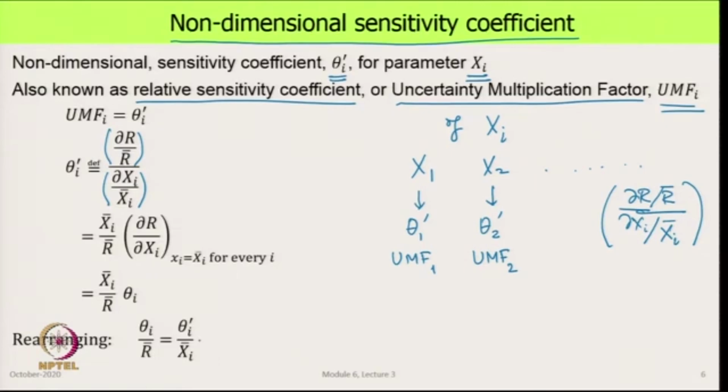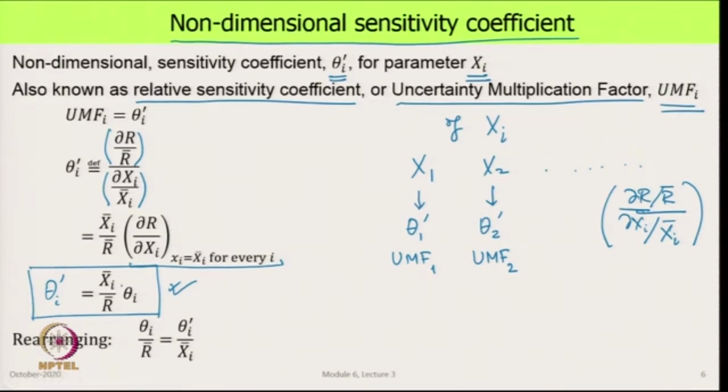And so, if we rearrange it, this becomes x I bar upon r bar, and the differential comes over there, which is like before, and we can immediately recognize that this is the way we defined theta I. So, we have the relation that theta I prime, the non-dimensional sensitivity coefficient, is x I bar upon r bar into theta I. So, that is what we get, and that is the relation that we have been looking for.